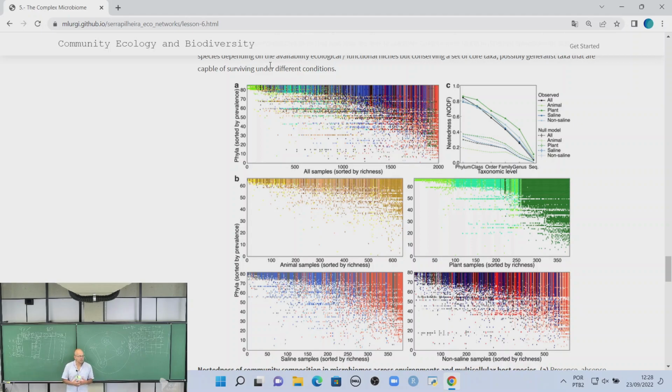The other thing that we found in that host marine sponge paper, which I am not showing here, is that those modules that we found in the network, which are purely structural and don't have any ecological information whatsoever, we obtained functional data for the bacteria that were in each of the hosts.